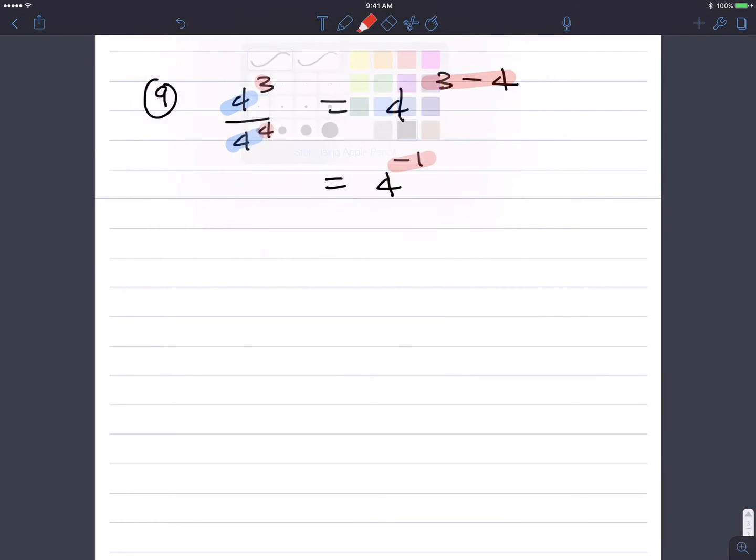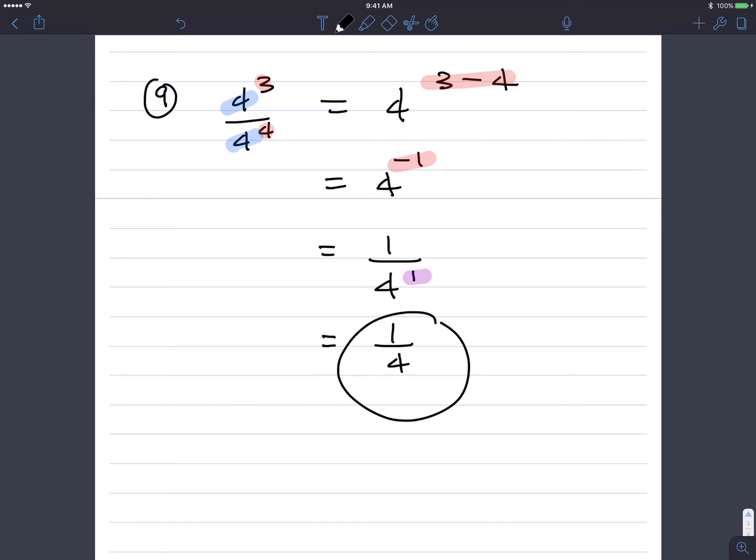I'm going to write it as 1 over 4 to the positive power now. The opposite of a negative 1 is a positive 1. And yes, my exponential is in the denominator position. And 4 to the first power is simply 4. This answer is 1/4.